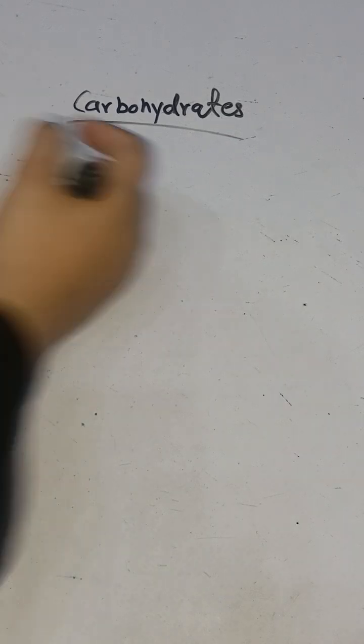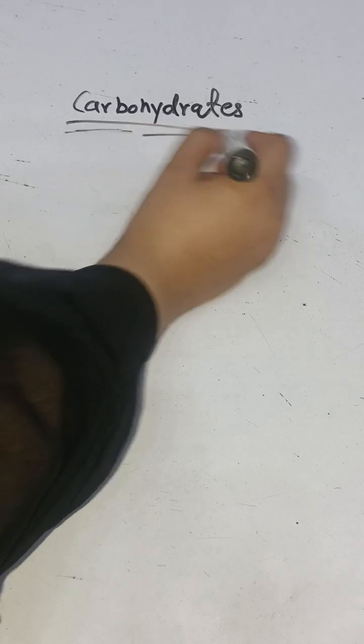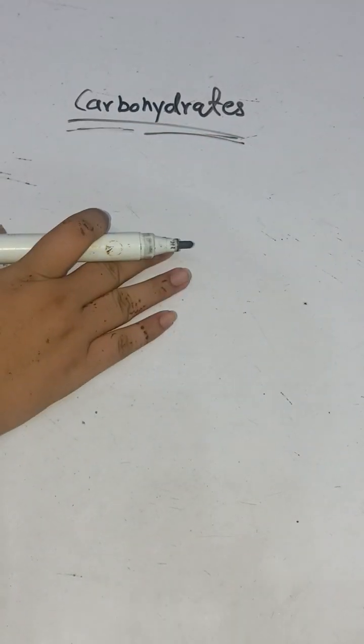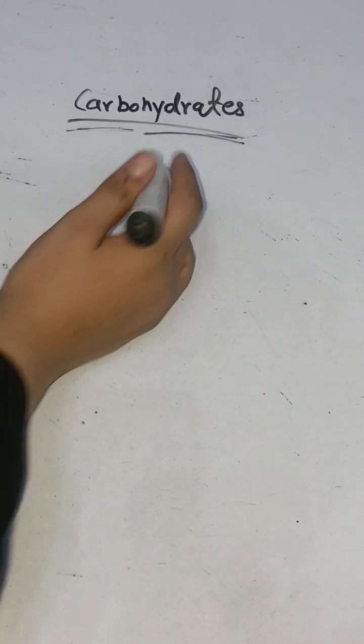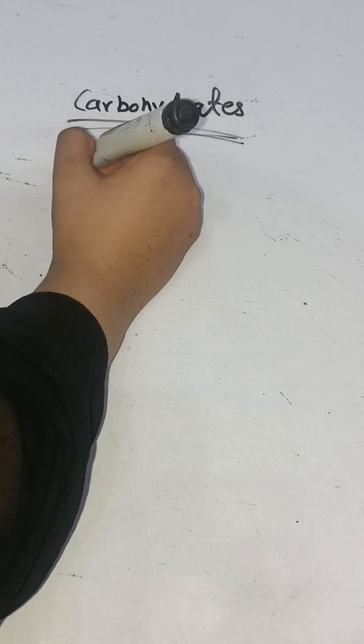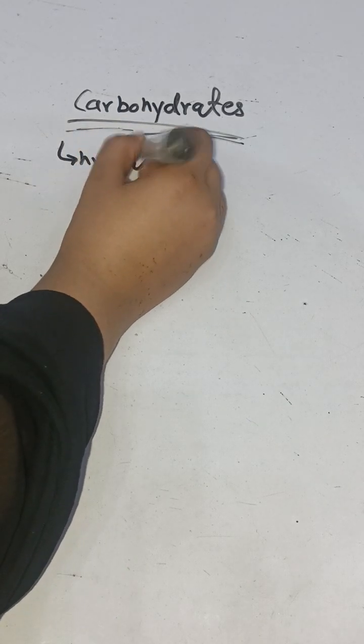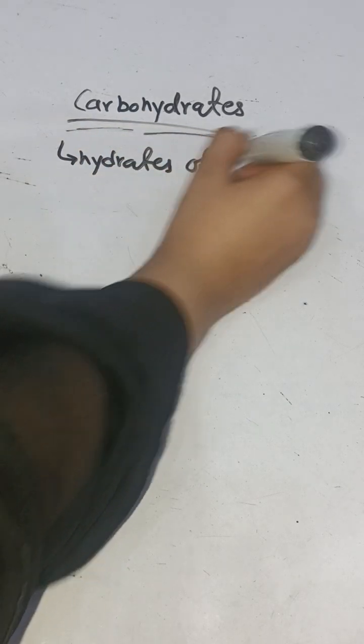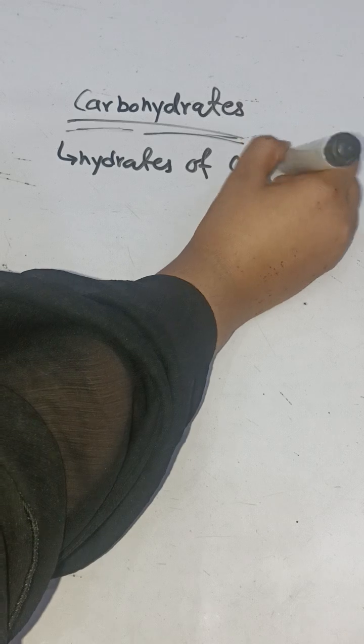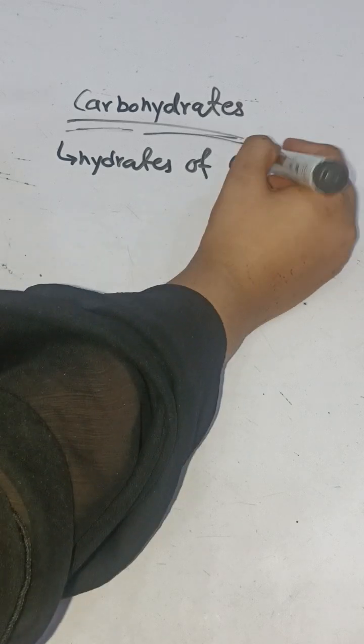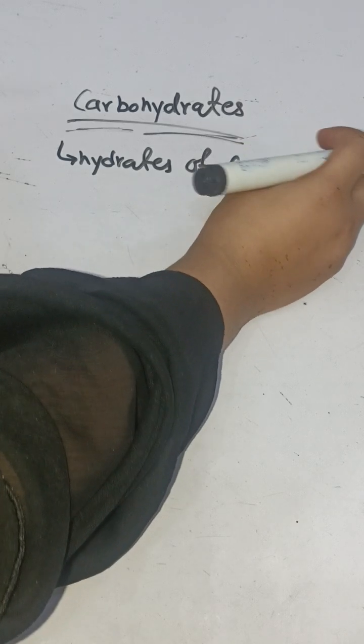So we are going to study carbohydrates. The word carbo means carbon and hydrates means hydrate, so it means hydrates of carbon. What is the definition?